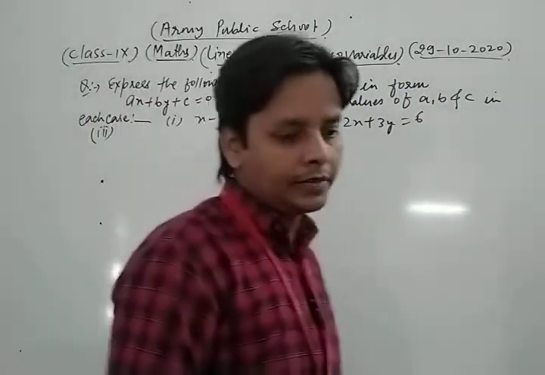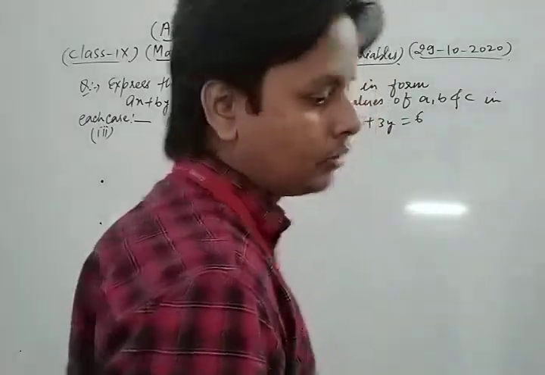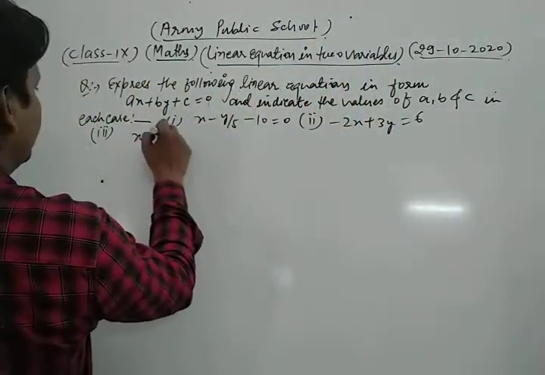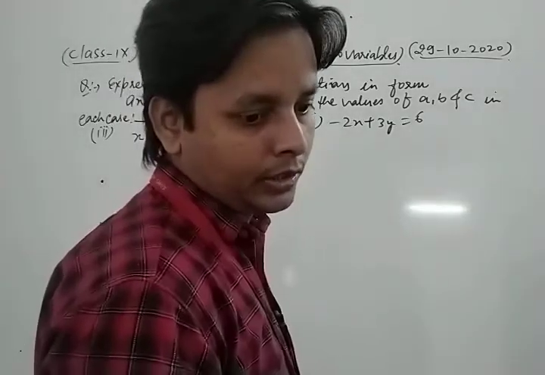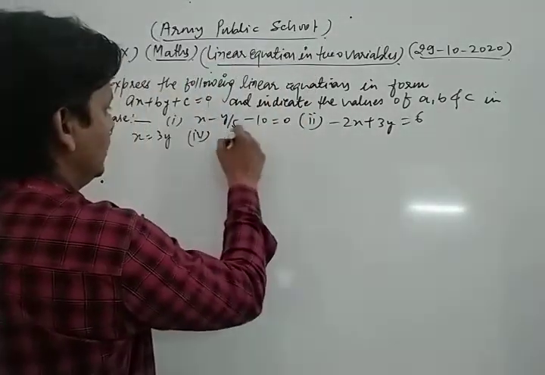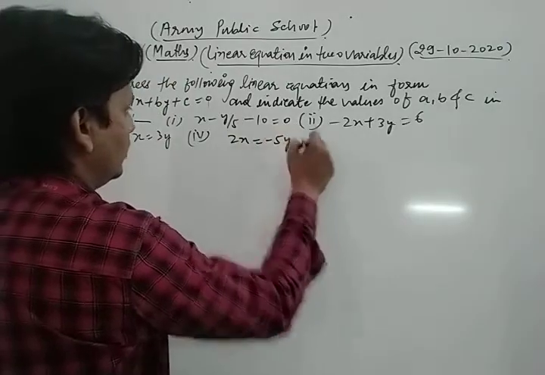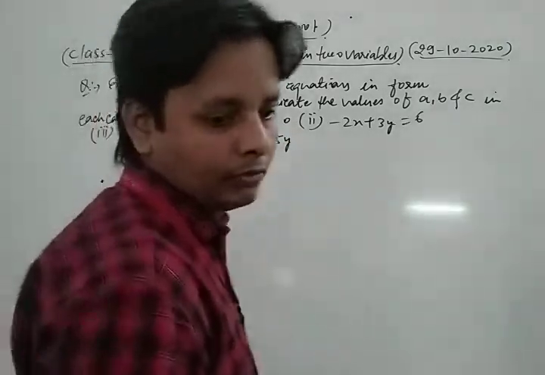Third linear equation is x is equal to 3y. And the fourth linear equation is 2x is equal to minus 5y.